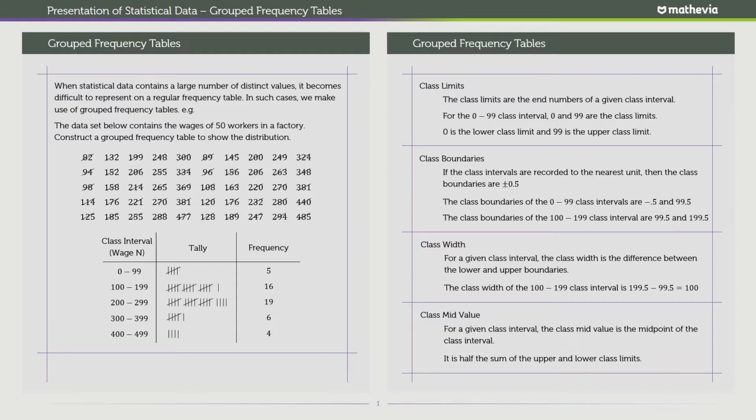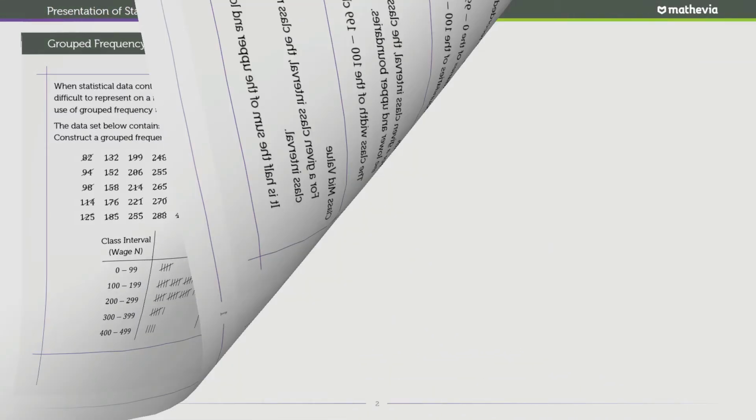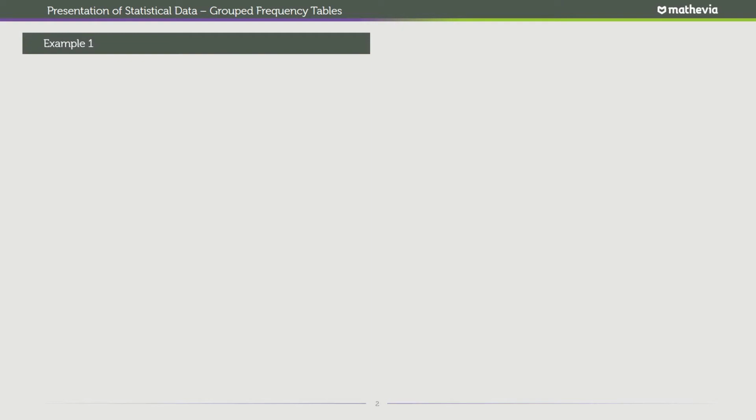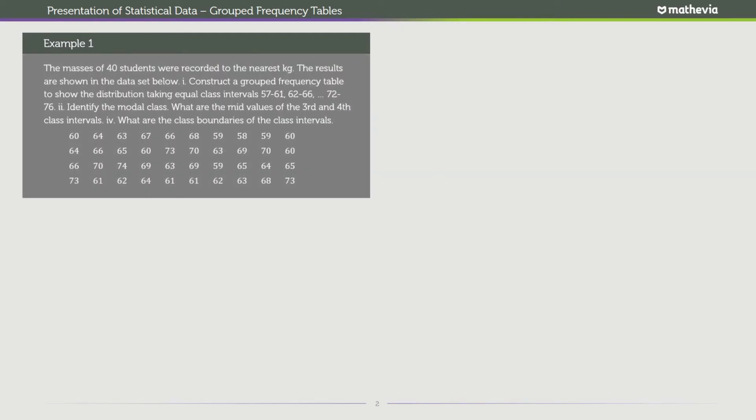Now, let's go ahead and solve some examples. Example 1. Okay, this looks interesting. So we have the masses of 40 students recorded to the nearest kilogram, and the results are shown in the data set below.